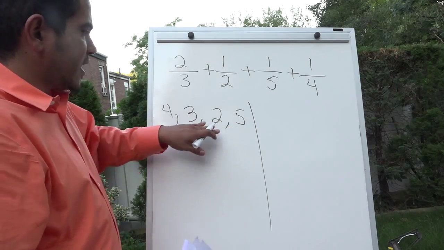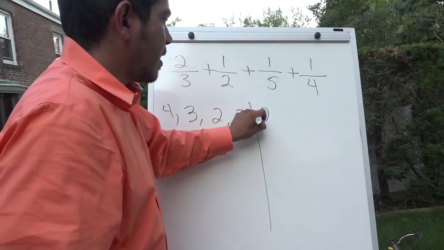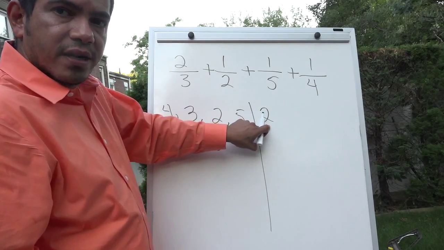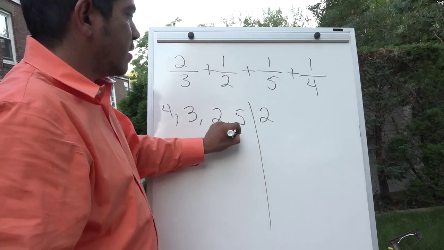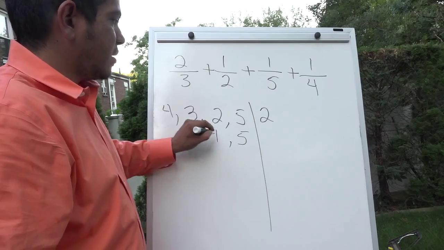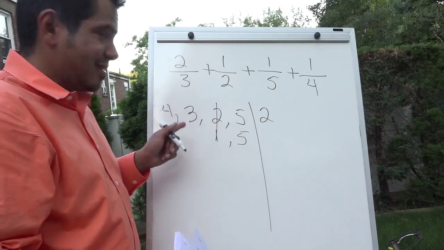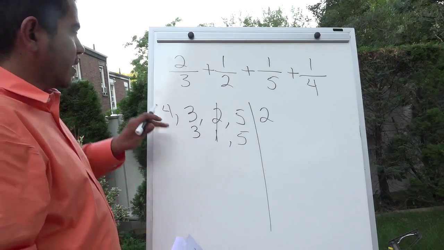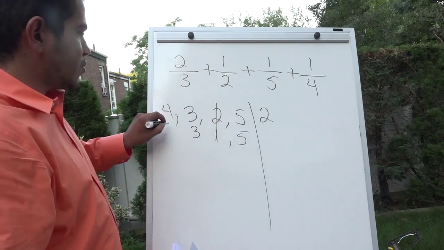And in effect, you can. This one and this one. So I'm going to divide by 2. 5 does not divide evenly by 2, so it stays at 5. 2 divided by 2 is 1. You see that? Nice. 3 doesn't divide by 2, so it stays at 3. 4 divided by 2 is 2.